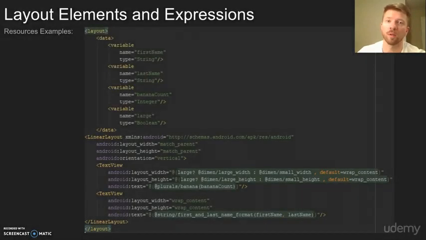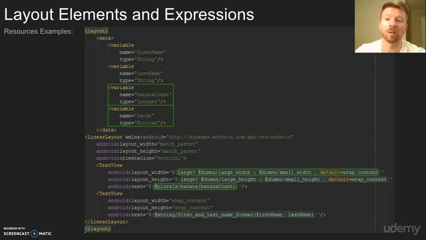So for example, what we can do is, depending on some boolean, we can then set width to a specific dimension using a ternary operation. And then we can also provide a default value. We can also do the string plurals that we've defined for a word banana, and depending on the count, it will either be text banana or bananas plural.